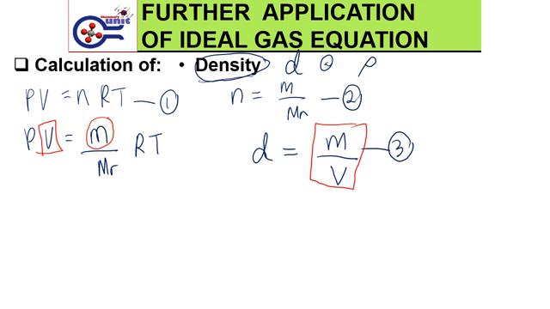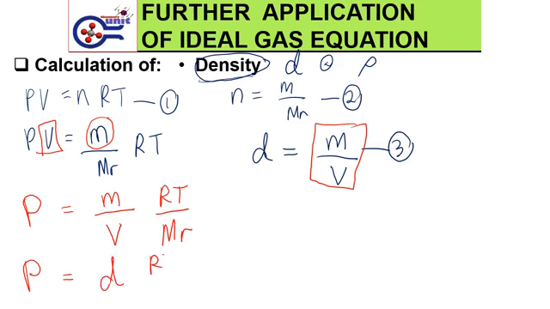Kita akan buat P kekal sama, dan kita tukarkan volume from the left side to the right side. So, akan jadi bahagi. So, RT over Mr. Betul? And then next, kita akan substitute equation number 3 to the equation. So, dapatlah pressure P is equals to mass over volume, iaitu density, RT over Mr.